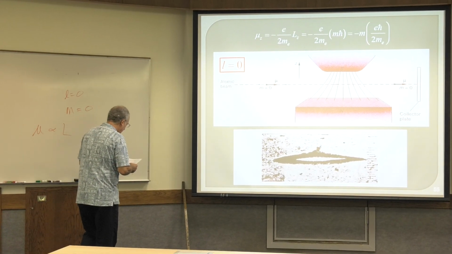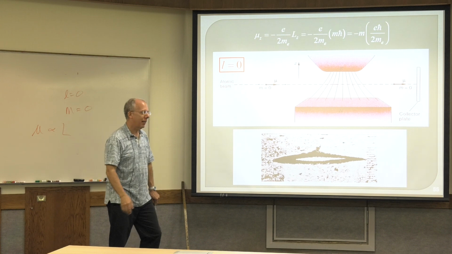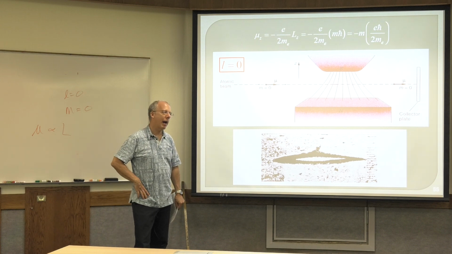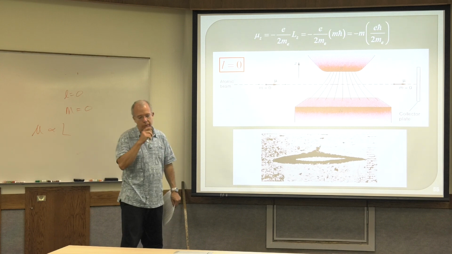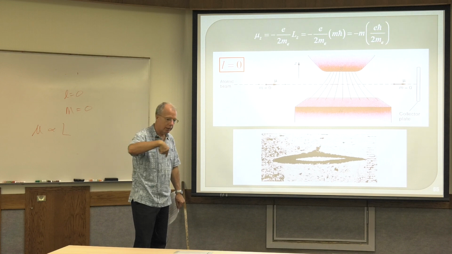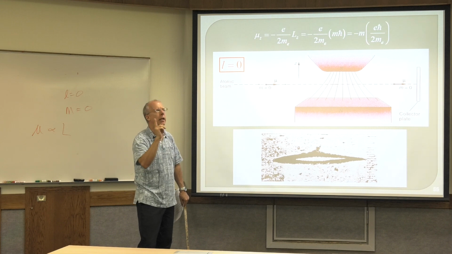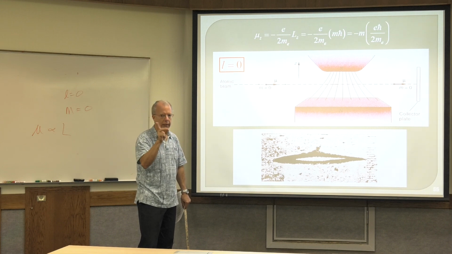Okay. Now, when they discovered this, they said, wait a second now. How can an electron act like a magnet? And they realized if you have accelerating charge, like a current in a circle, it creates a magnetic field. So they said, well, maybe the electron is spinning in some way, and that's creating a magnetic field.